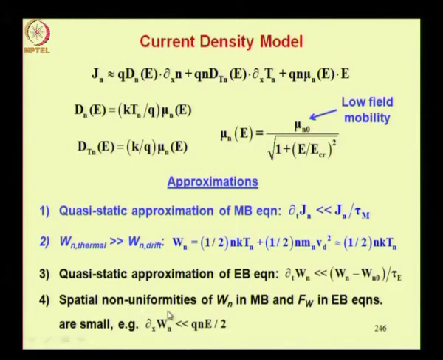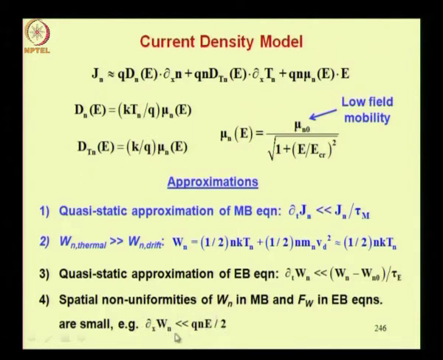So spatial non-uniformity of Wn in the momentum balance and Fw, that is the flux of kinetic energy, in the energy balance equations are small. For example, dou Wn by dou x is much less than q n e divided by 2.